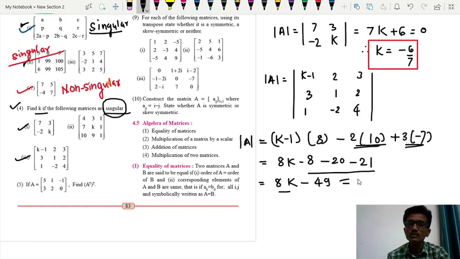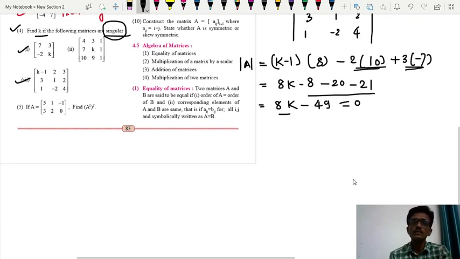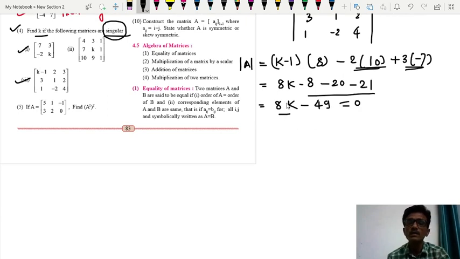Now this is equal to 0 because the value of the determinant will be 0 because it is a singular matrix. Therefore k must be equal to 49 by 8. Yes. Next question.